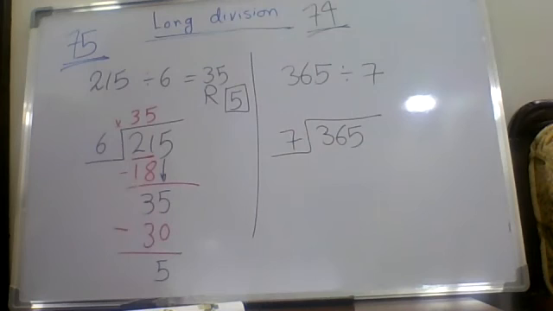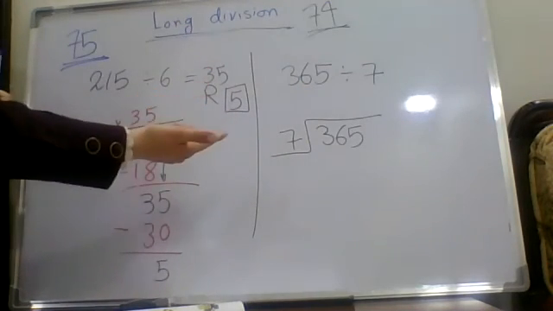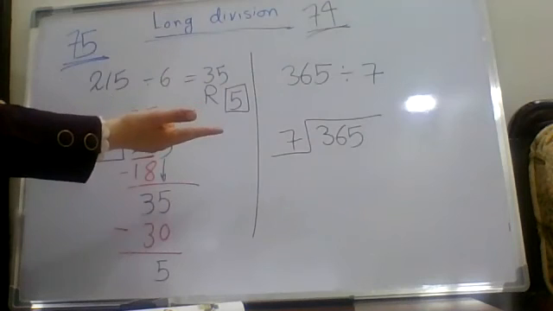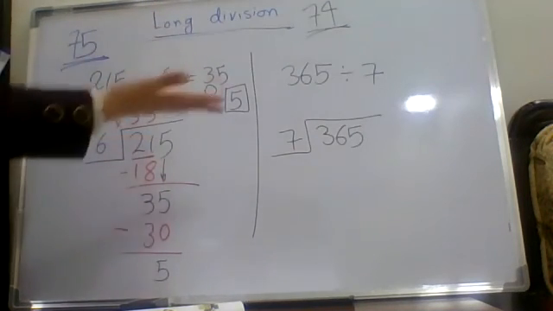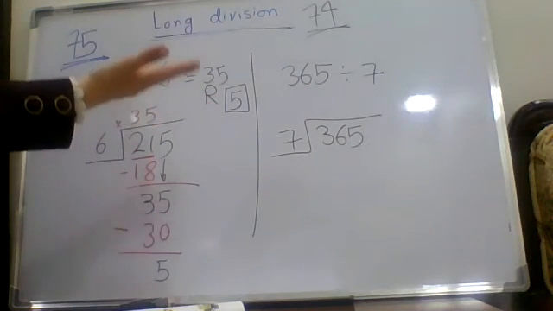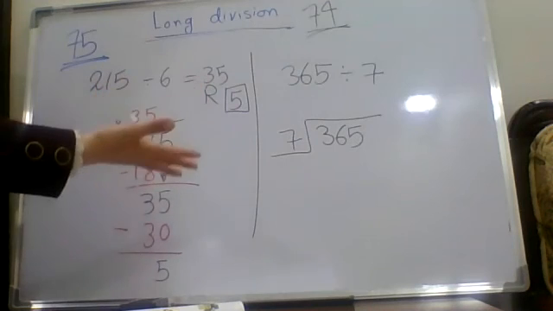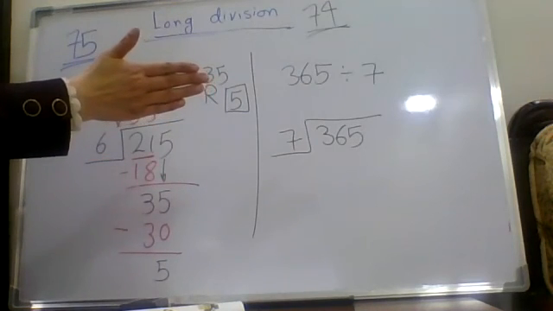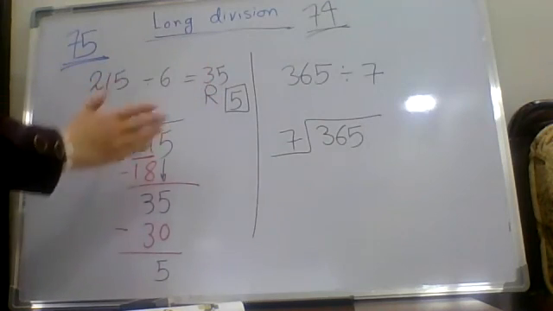Where can I find 36 on the times table of 7 or less? I have 7 times 1, 7. 7 times 2, 14. 7 times 3, 21. 7 times 4, 28. 7 times 5, 35, right? 7 times 6, it's 42.